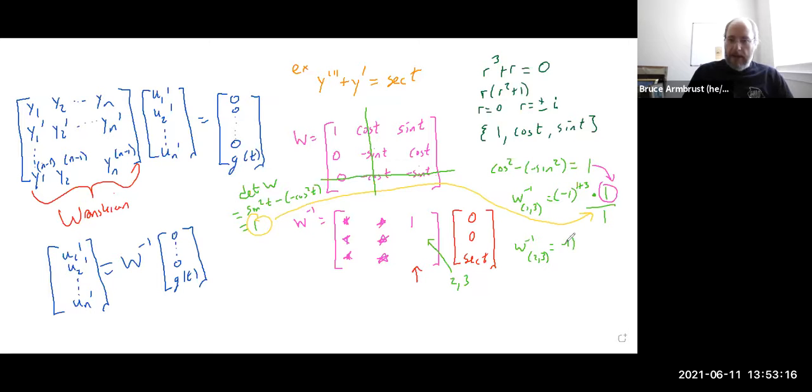Well, we're going to have negative 1 to the 2 plus 3 times, now we've got cosine, and then we need to divide by the determinant of the original matrix, which was 1. So we do all of that, we're going to get negative cosine of t. So hopefully you see that's a little bit faster.